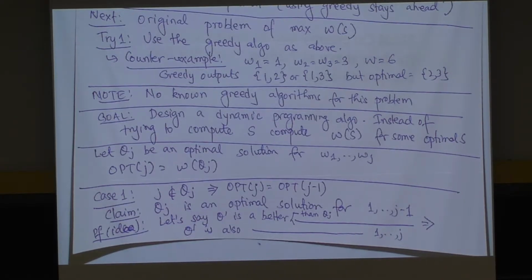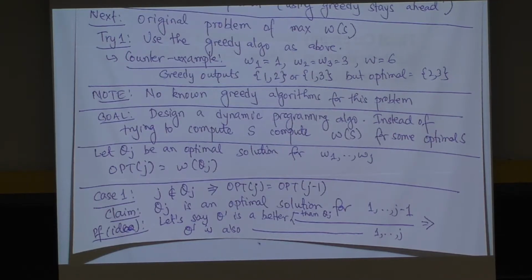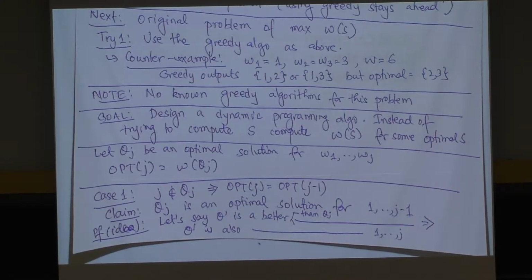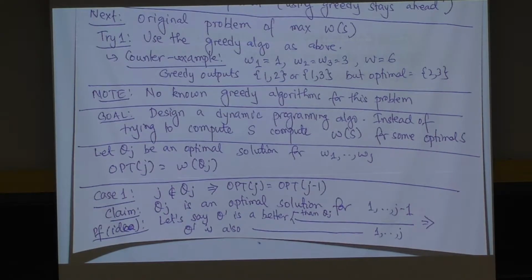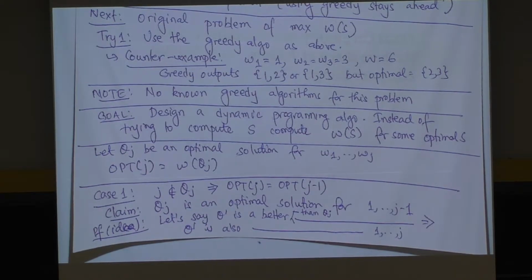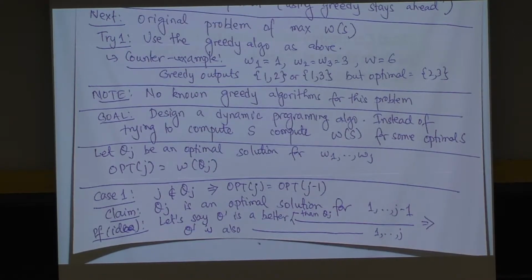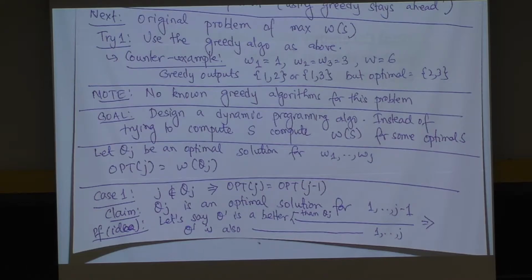Now the fact that I have a subset from 1 to J minus 1 within the budget W means if I pick the same subset, it will still be a valid solution for 1 to J and the same budget W, just because I'm not picking J. So I have a valid solution from 1 to J with budget W which is strictly better than O of J, and that contradicts my assumption that it was optimal. Any other questions?